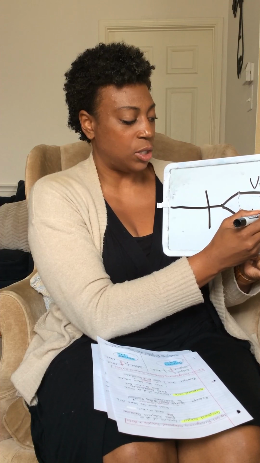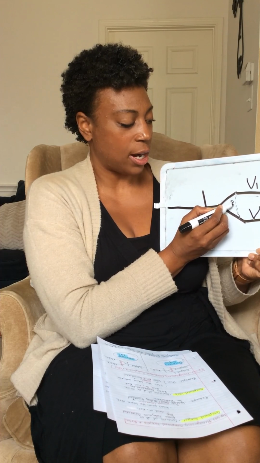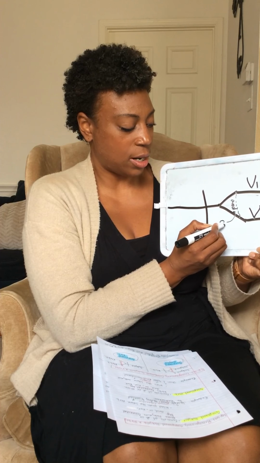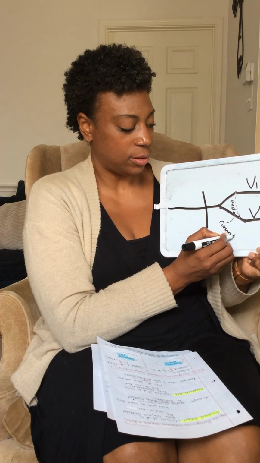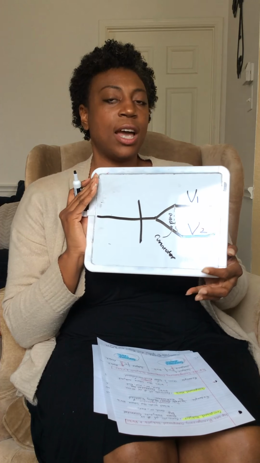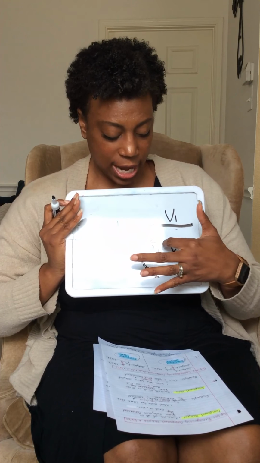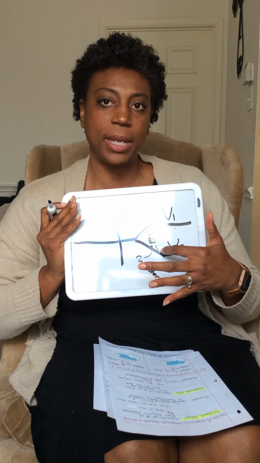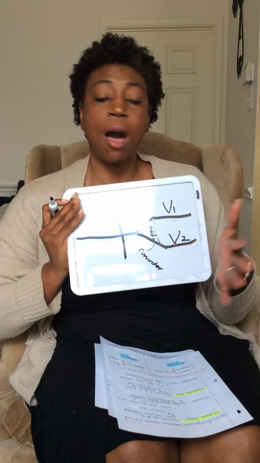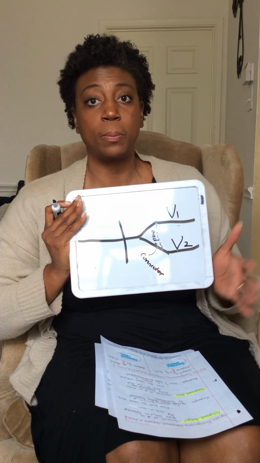So this would be verb 1, this would be verb 2, and then we have our connector. This is our connector. So you can see those connectors have to be diagrammed in there when you have a compound subject or a compound verb. So I just want to make sure I'm really clear on that.